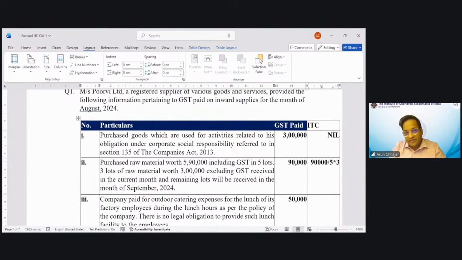Can I say this? Can I take the full ITC? Can I take the proportionate ITC, or I cannot take any ITC?